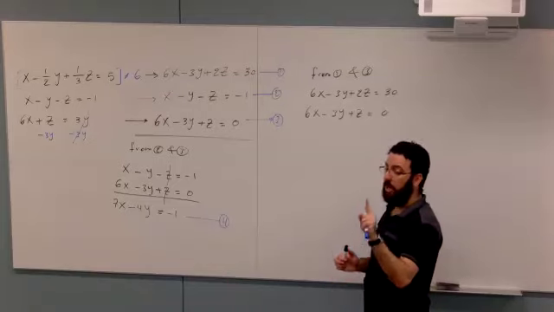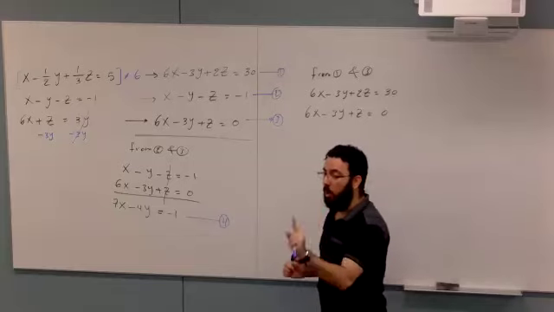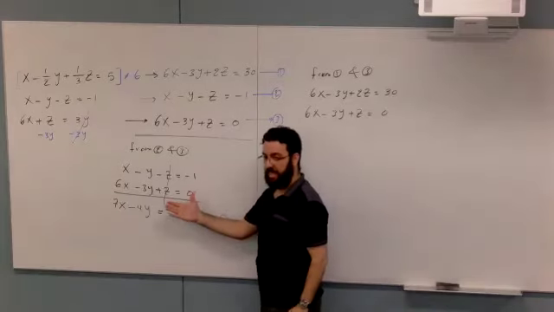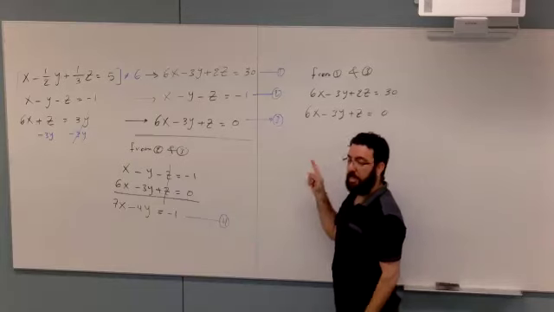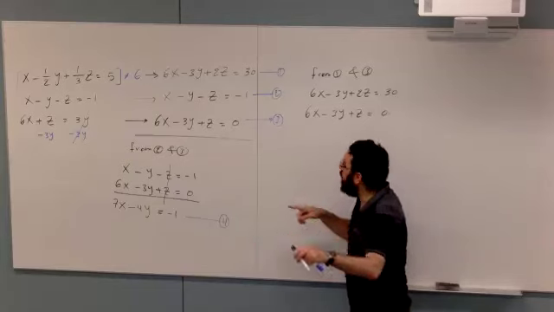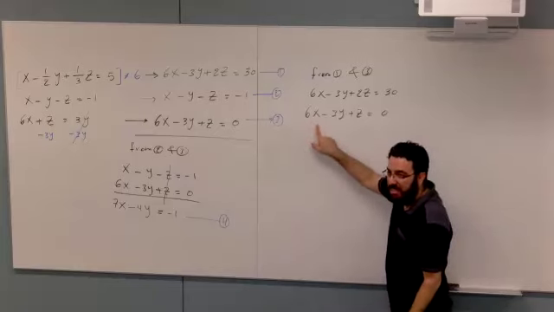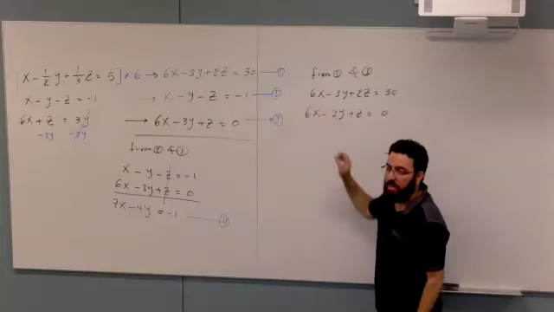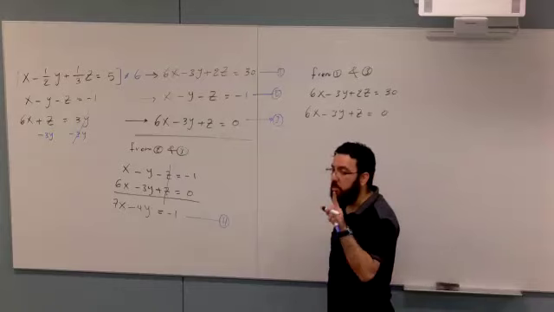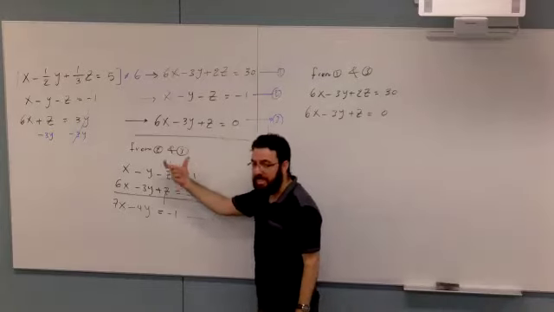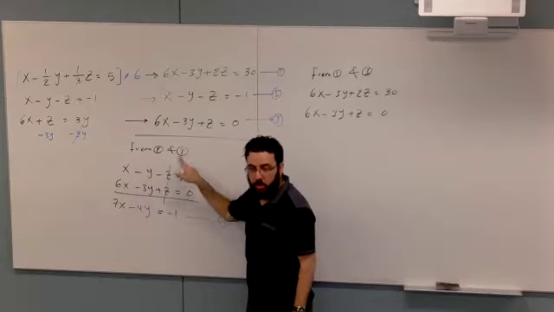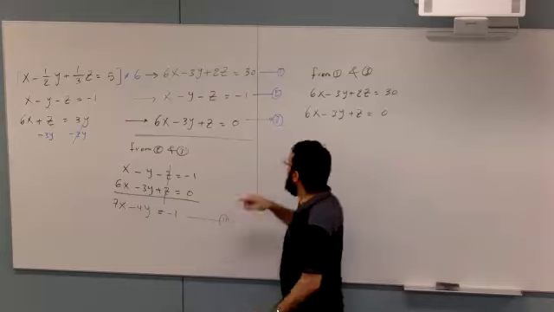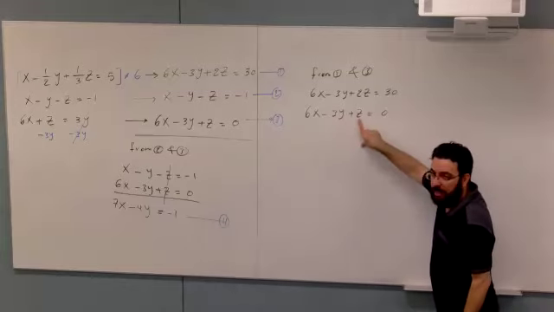Yes, but be careful about what I told you in the notes. Whichever variable you canceled before, you have to make sure to cancel the same variable. Yes, you're right. When you multiply by -1, it's going to be negative 6x. I can cancel it with 6x, but that's going to be wrong. I have to make sure I cancel the same variable I did when I took the first two options, 2 and 3.